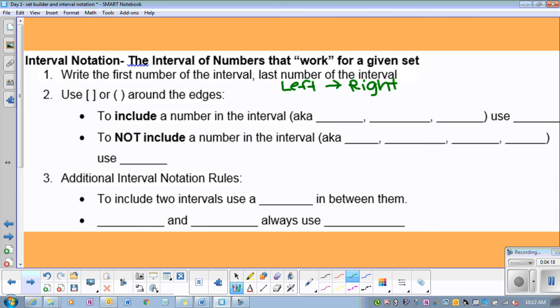And then the next thing we need to do is use a bracket, which is a square-looking parenthesis, or parentheses around the edges. How do we know which one? Well, to include a number, so basically you have less than or equal to, greater than or equal to, or just a plain old equal to, that's all including that number, then we need to use brackets.